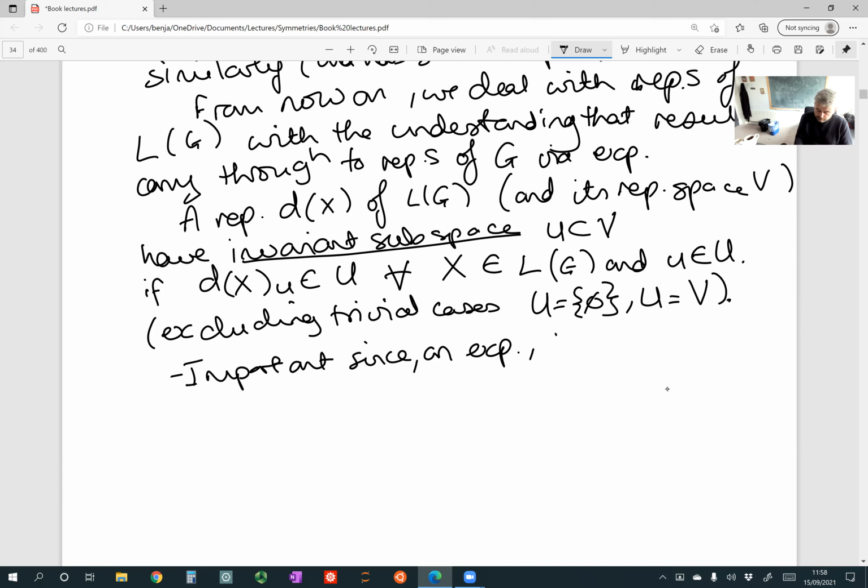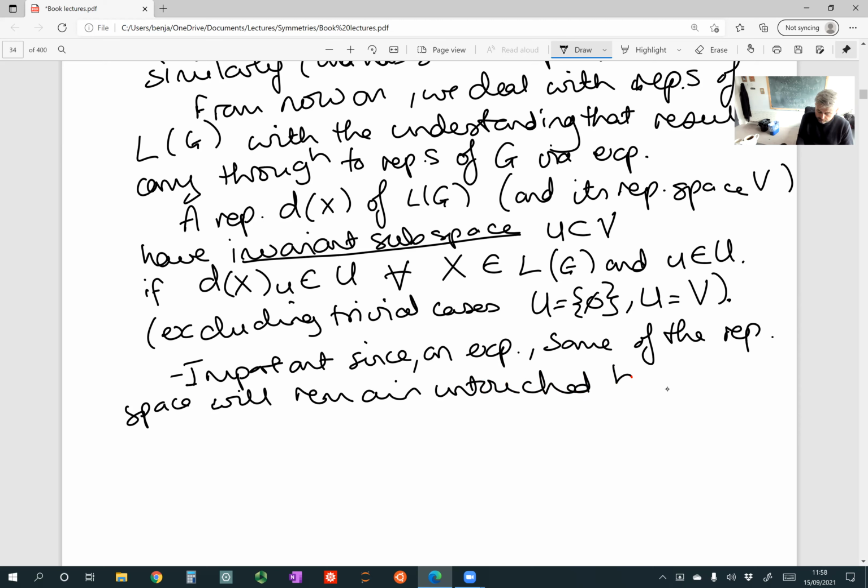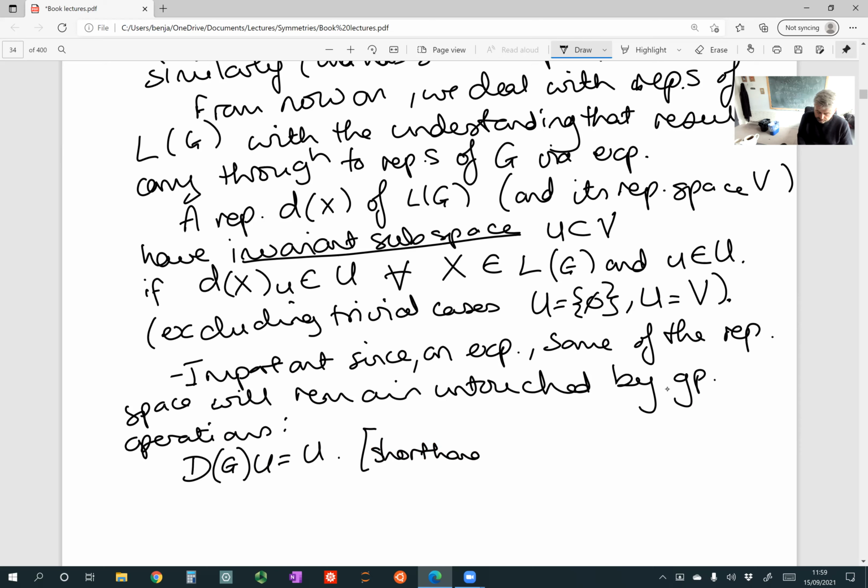In other words, for that part, D(g)u is in U. This is shorthand for: D(g)u is in U for all g in G and u in U. So for physics applications, we need to keep track of these.